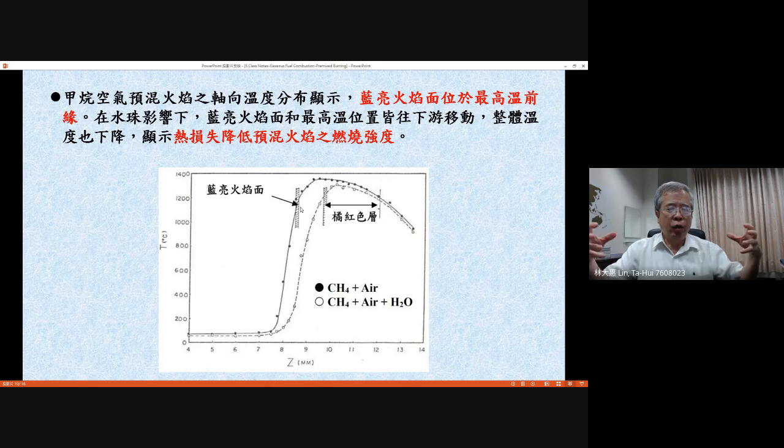Then they go through recombination reactions to produce carbon dioxide and water later. So this is the starting point of strong interaction of those radicals and the chemical reaction proceeding. After the chemical reaction is complete, they reach the maximum temperature.